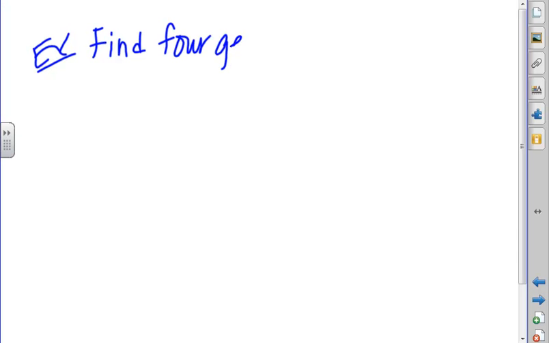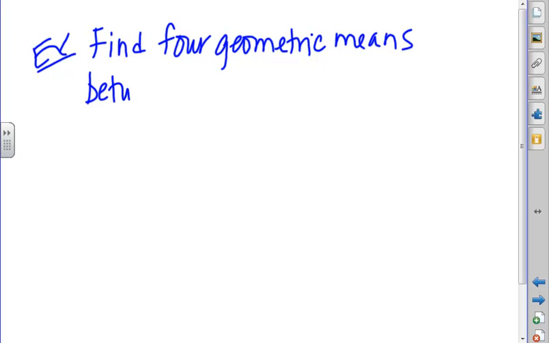Given another example, this problem: find 4 geometric means between 5 and 1,215.